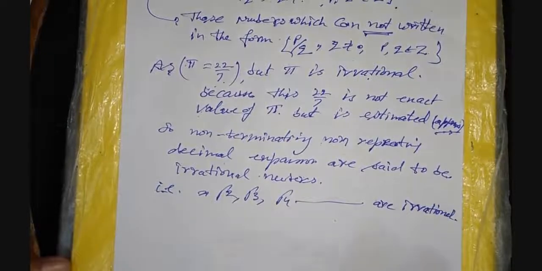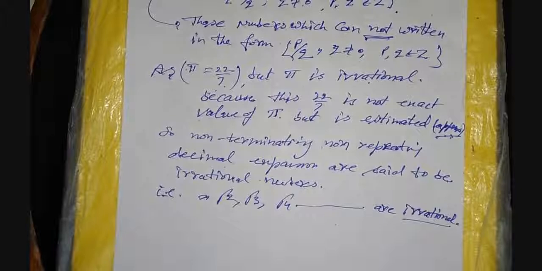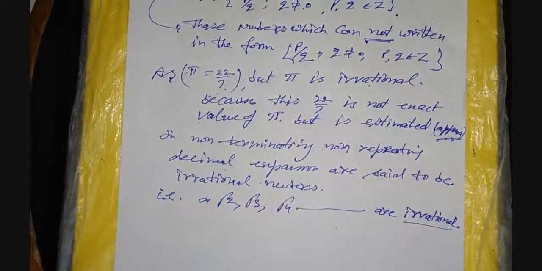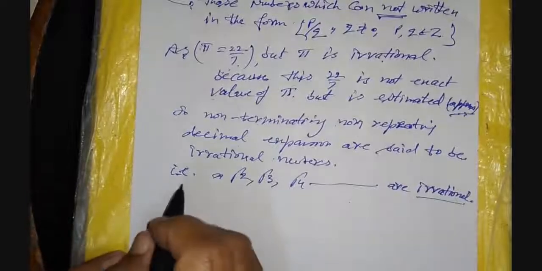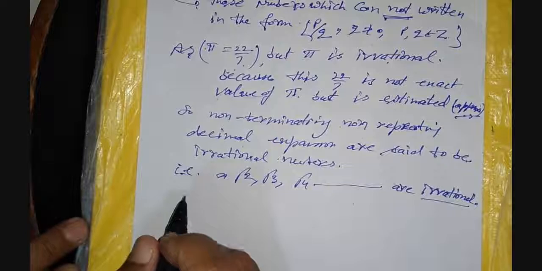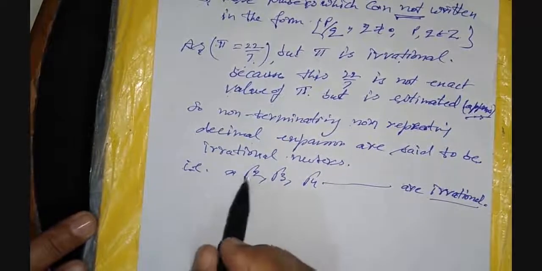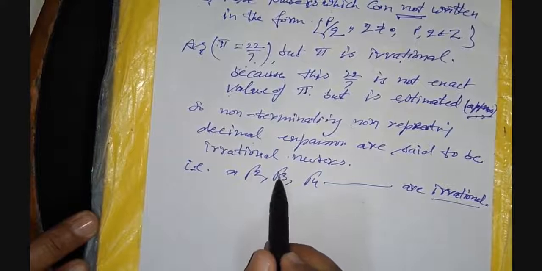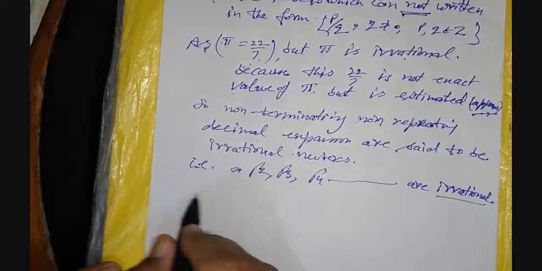So irrational numbers can be defined easily as numbers which are not rational. I think you have clearly understood what I want to say. Now the question arises: how can these irrational numbers be represented on the number line?